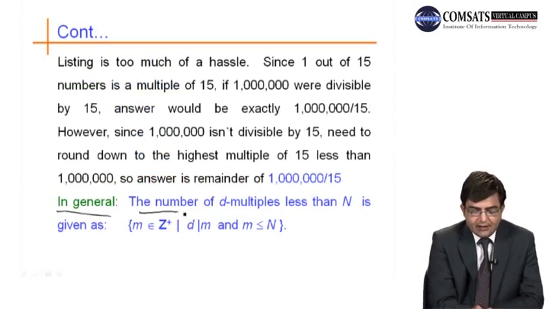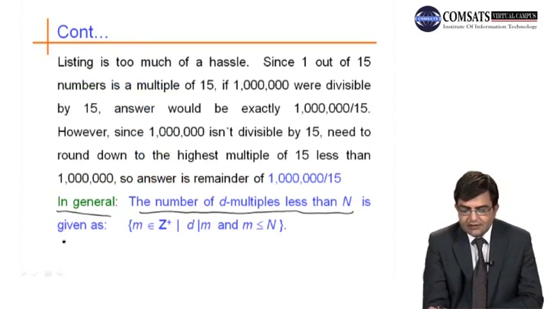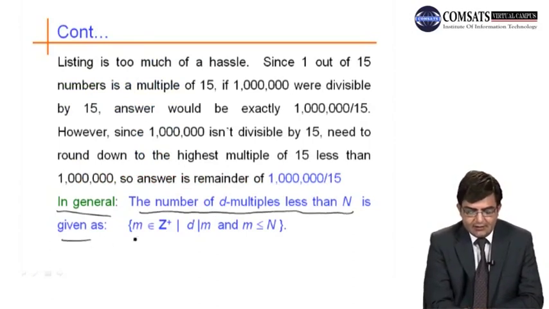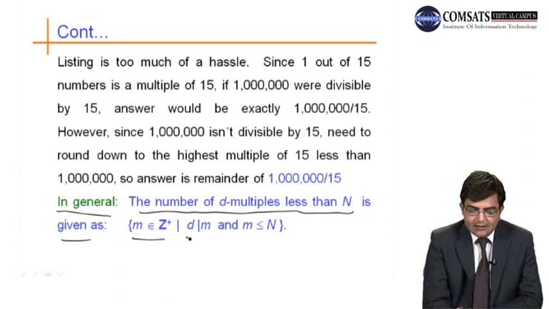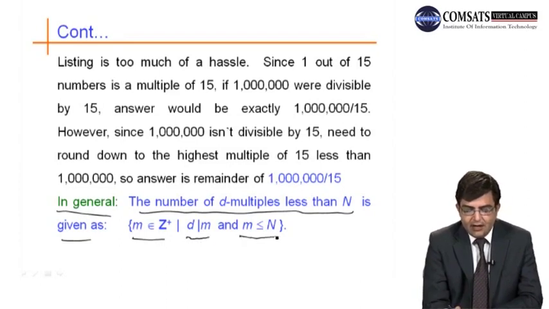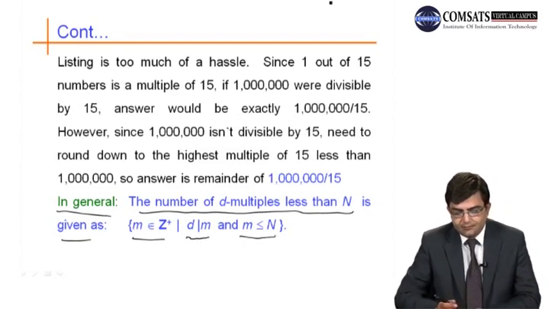So in number theory, how we write it: in general, the number of multiples of d less than n is given as this. There is a number m belonging to Z plus, the set of positive integers, such that d divides m and m is less than n. So this is how we can find the multiples of some number which are less than some other number.